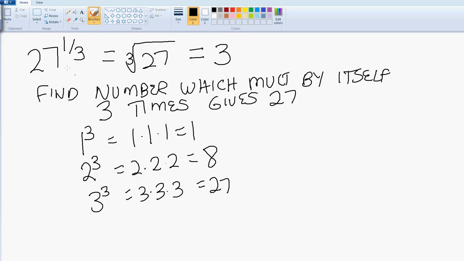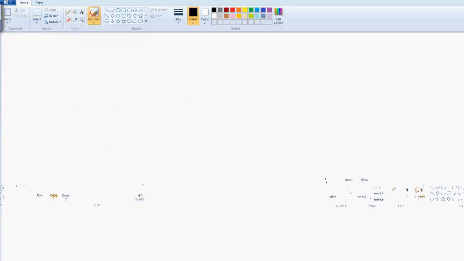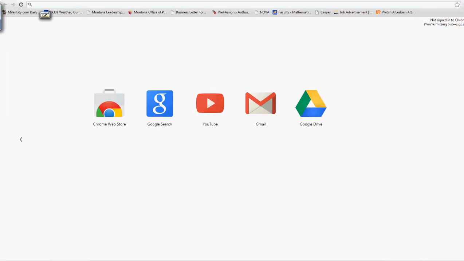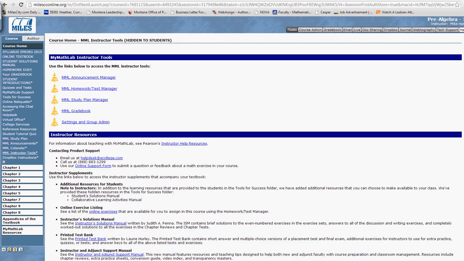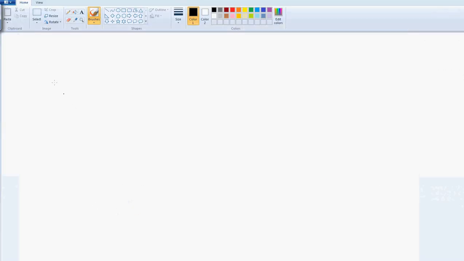Now let's take it to the problem that you showed me on the assignment. So here on the assignment, we were asked to evaluate the expression 512 to the 1/3 power.